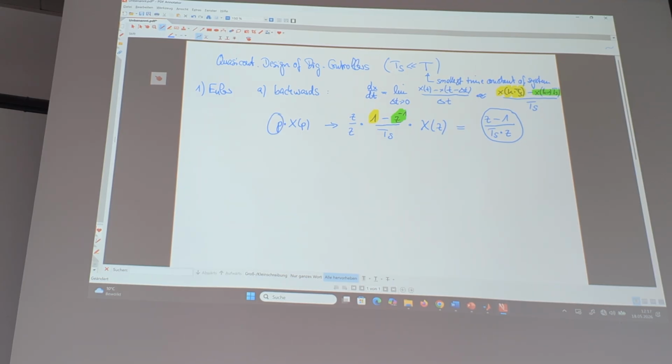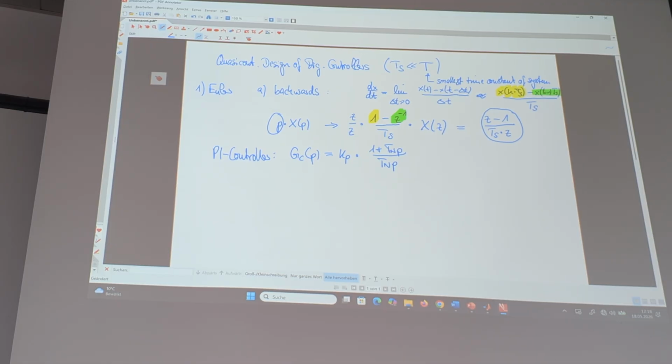So let's assume that we have a PI controller. The PI controller has the continuous transfer function Gc of p equal to Kp times 1 plus Tn p over Tn p. That would be a PI controller. It has a proportional and an integral part.